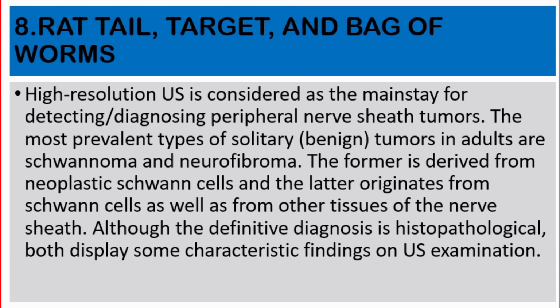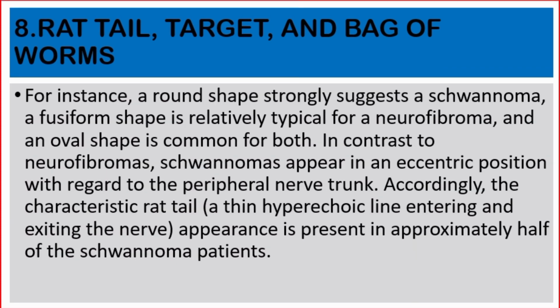Although the definitive diagnosis is histopathological, both display some characteristic findings on ultrasound examination. For instance, a round shape strongly suggests a schwannoma. A fusiform shape is relatively typical for a neurofibroma, and an oval shape is common for both.